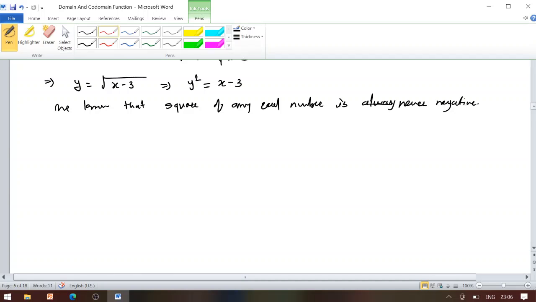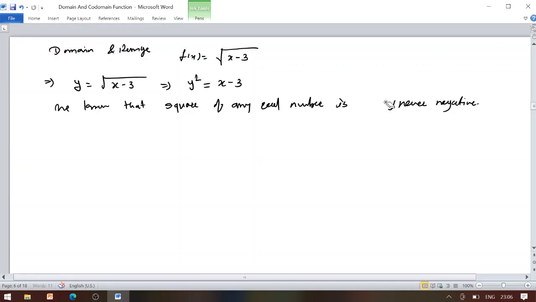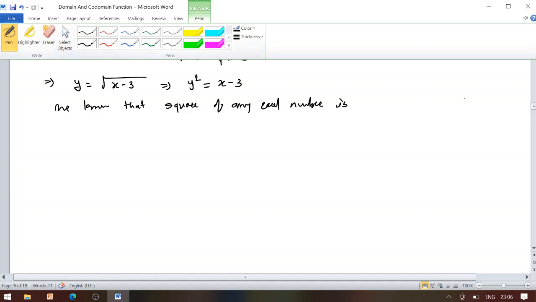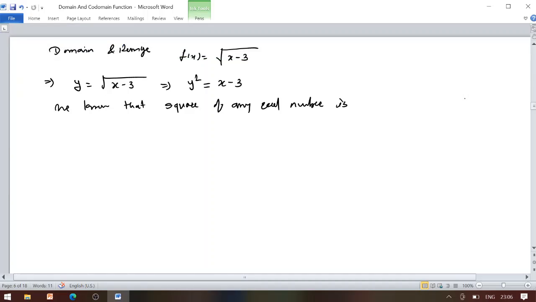So once the y square value is never negative, that means x minus 3 is greater than or equal to 0. So x minus 3 is greater than or equal to 0, which implies x is greater than or equal to 3.